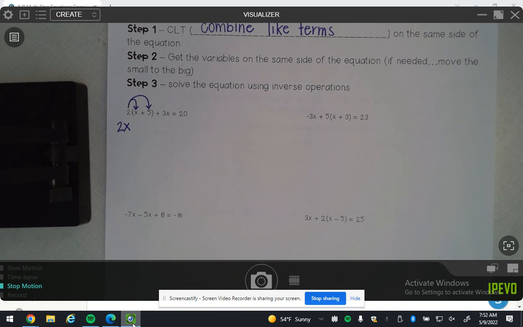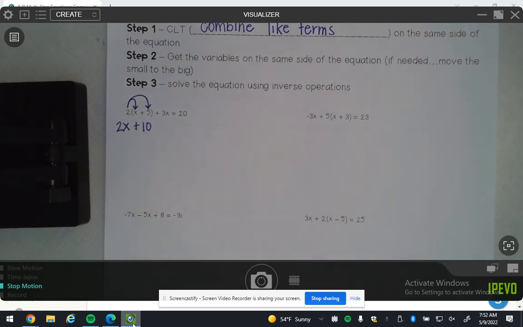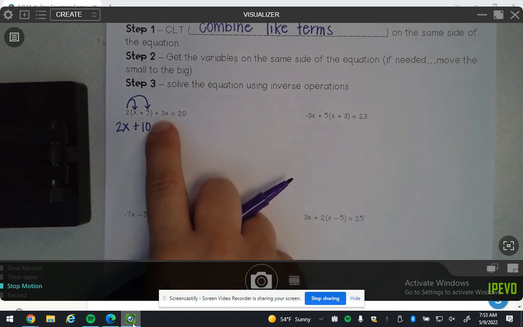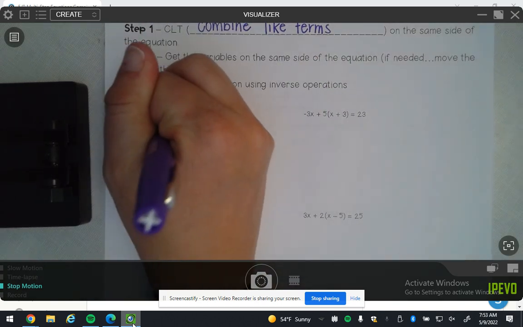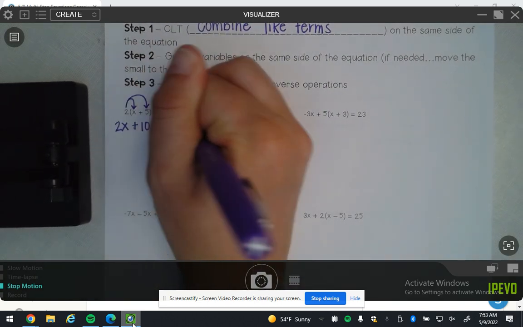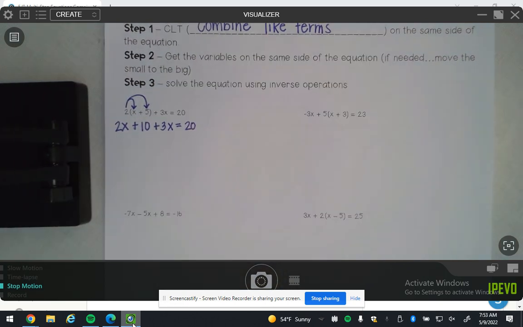What's 2 times 5? 10. Is there anything else still in the parentheses? No. What do I do with this plus 3x? Bring it down. Equals 20.